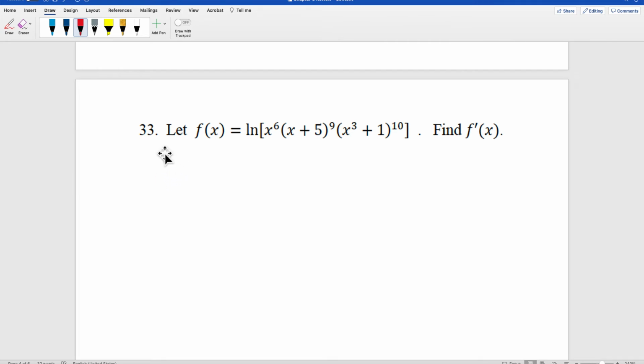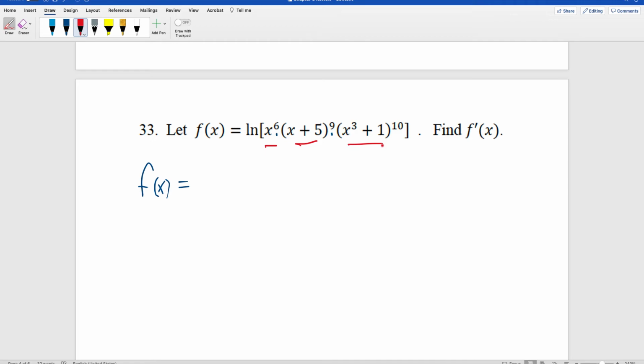So first step is let's just use our algebra on f of x. So we're going to expand out. And what you have to see is that there are 3 things being multiplied, right? So we've got this times this times this. When we expand a logarithm, what does multiplication become in the expanded form?